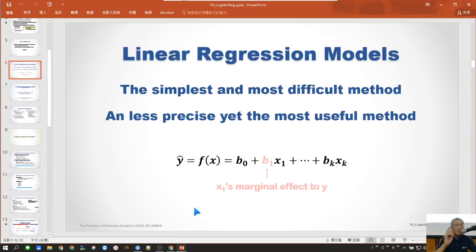If you still remember, in linear regression last week, the coefficient actually implies the marginal effect of x to y, right?